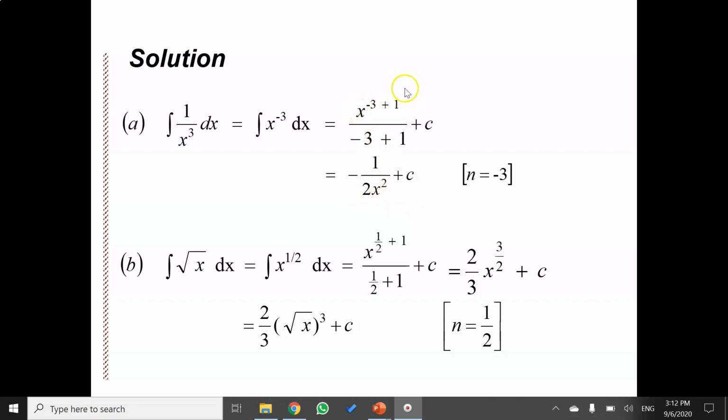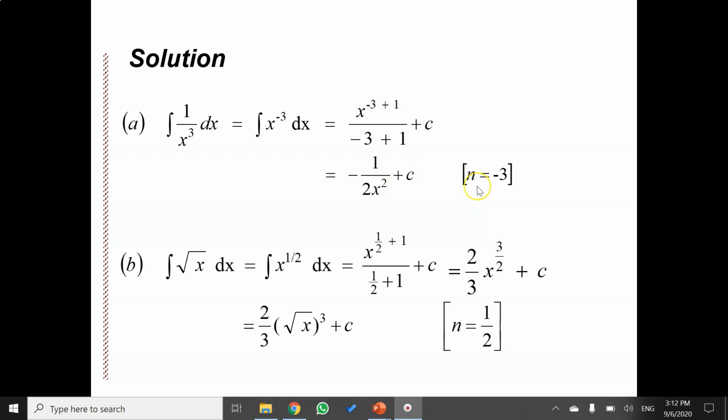Because when you simplify x to the power of negative 3 plus 1, you get x to the power of negative 2, which is actually equal to 1 over x squared. Negative 3 plus 1 gives negative 2, and plus c.